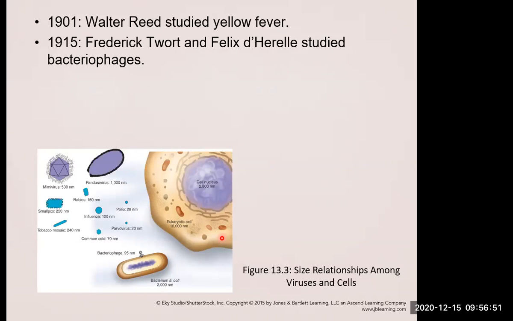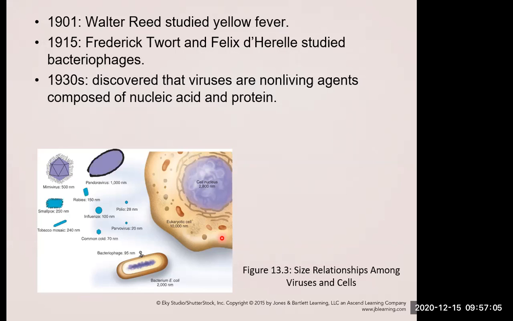1915, a group is studying bacteriophages. We'll talk about them today. A bacteriophage is a virus that infects bacteria. So now we have viruses infecting plants, humans, and bacteria. 1930s, it was claimed that viruses are not alive, so they were able to crystallize a virus.